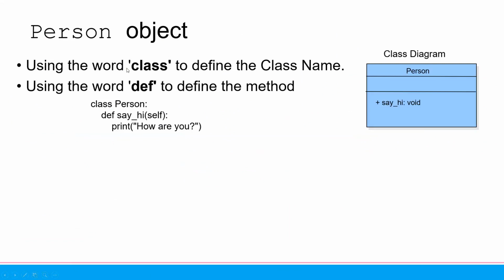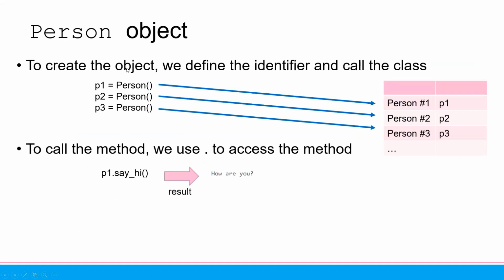Then how can we do that? In object-oriented programming, we want to make person P1 as object 1, P2 as object 2, P3 as object 3, and so on.